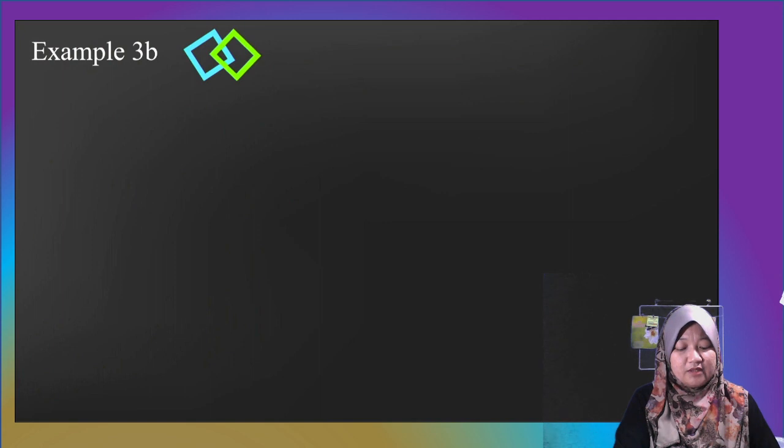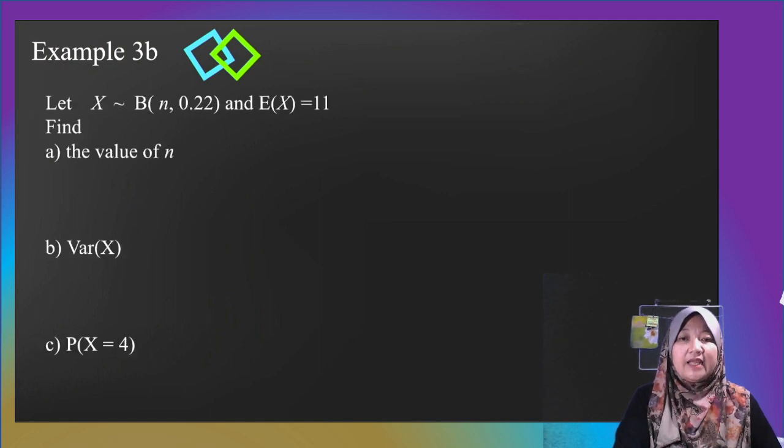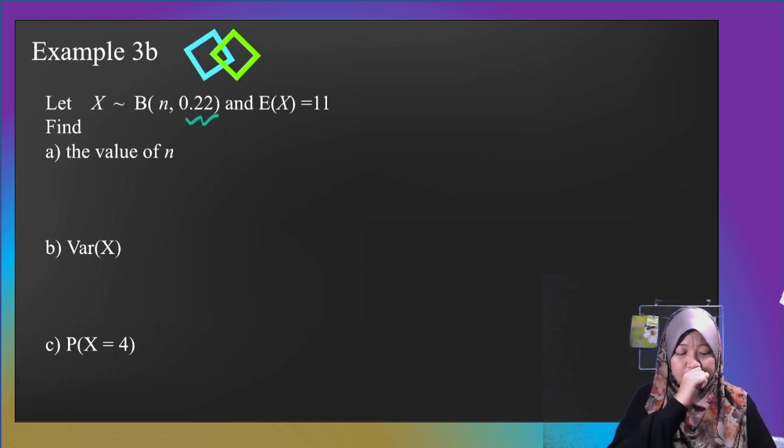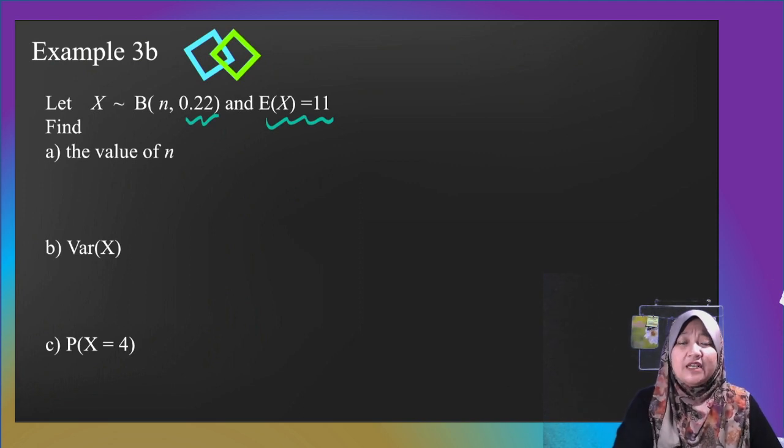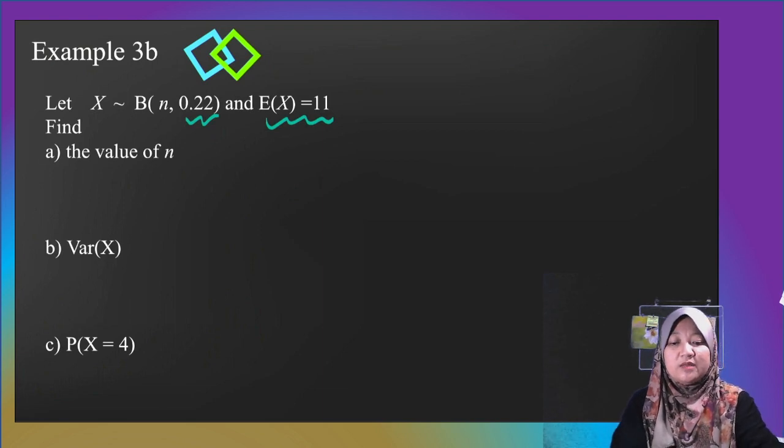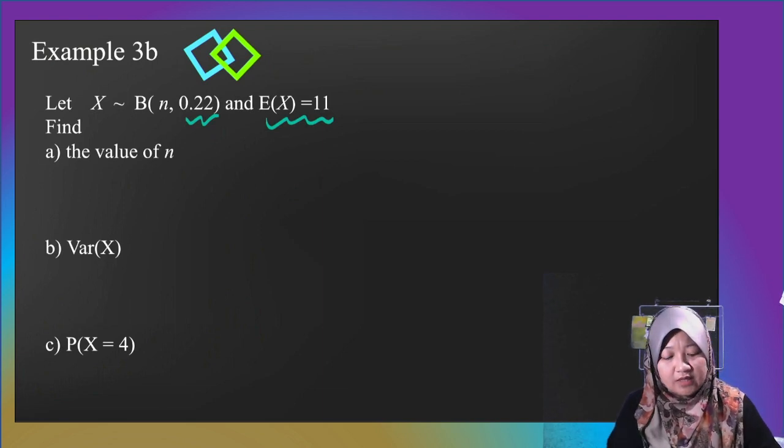Next example, 3B. Let X is binomial distribution with N. Kita tak tahu berapa nilai N, tapi dia beri probability 0.22 and expectation is 11. Find the value of N. So, how to find N? Okay, kita gunakan maklumat yang dia beri lah. Okay.